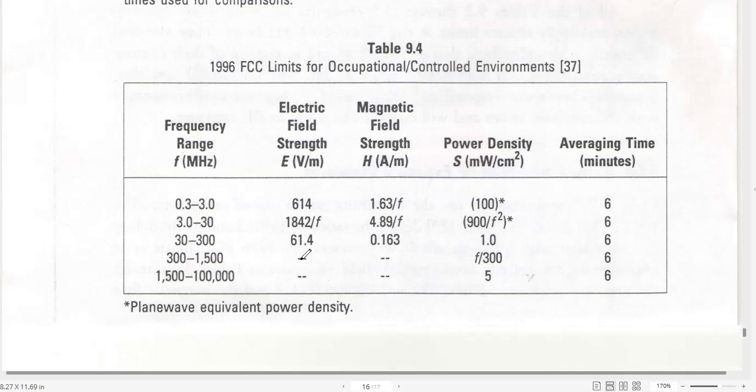And for 30 to 300 megahertz, the limit is fixed, 1 milliwatt per centimeter squared. And for 300 to 1500 megahertz, the limit is the frequency in megahertz over 300. This is occupational.